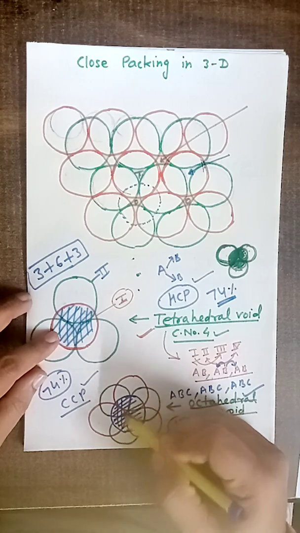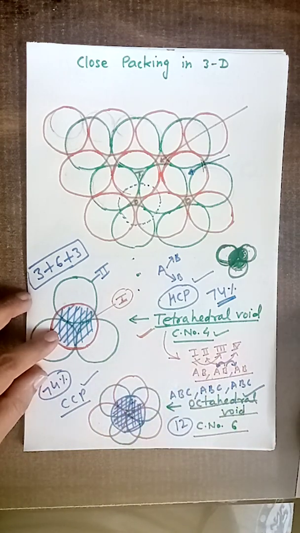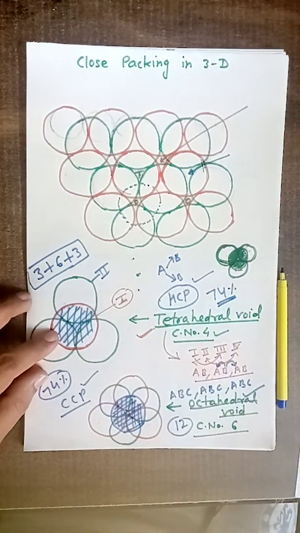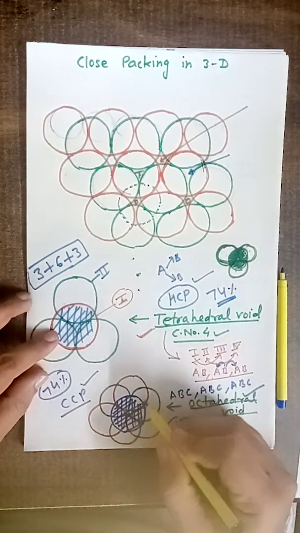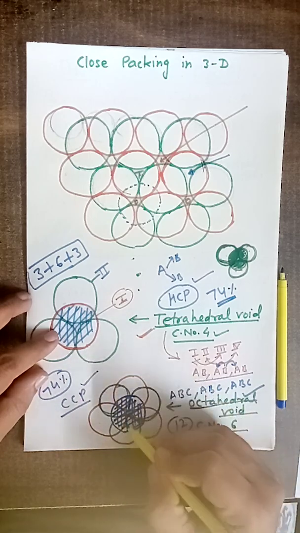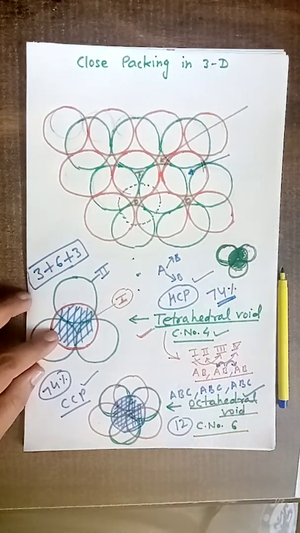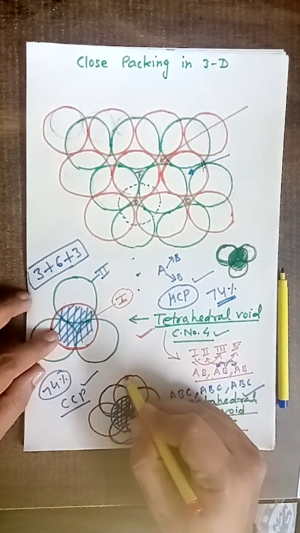Once again you can see this shaded particle, it is surrounded by 3 green particles, or if you can't see the color I am drawing here, this shaded particle is surrounded by this first, second and third. Suppose this is just below it, so just over it, it will now be red particles.